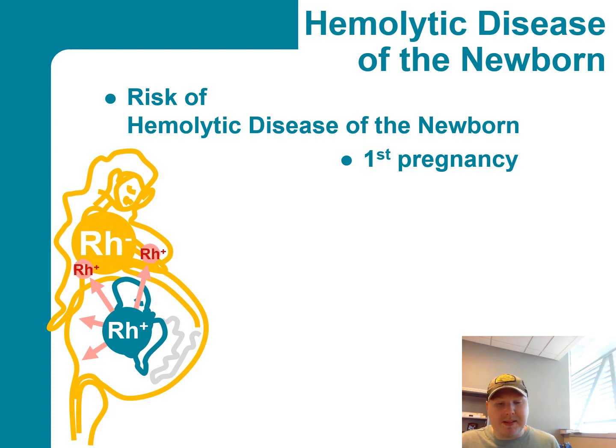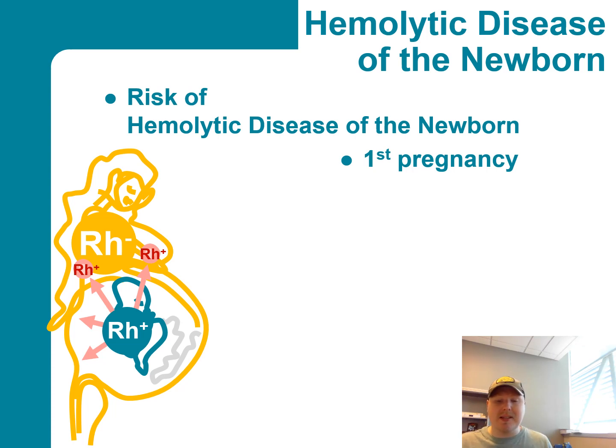So in a first pregnancy with a rhesus negative mother, the mother will not have any rhesus factor antibodies as long as she has not been exposed to any rhesus positive blood at any time in the past. But now, if she carries the rhesus positive fetus, some of the baby's red blood cells will get into the maternal circulation through this fetal-maternal hemorrhage. And of course, these babies' red blood cells are rhesus positive.